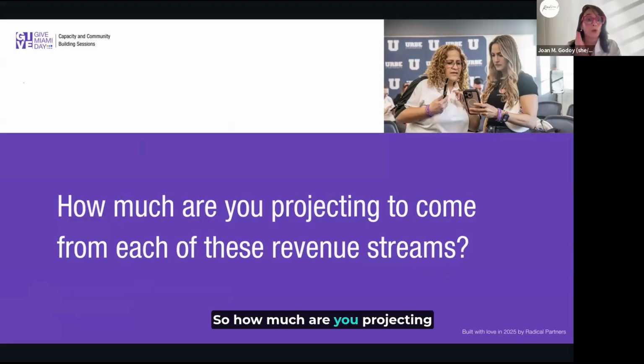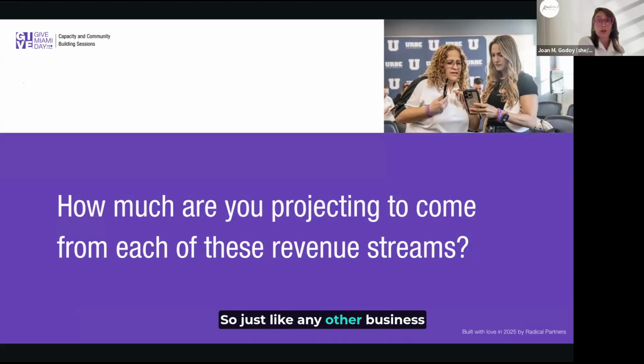So these are some of the examples that you can find in our sector, right? So how much are you projecting to come from each of these revenue streams? So if you have a track record of work at this point, you should know, like, oh, about 50% of my money comes from grants every year, 30% comes from individual donations, and the other percentage I need to figure out that comes from somewhere, and it could be miscellaneous, right?